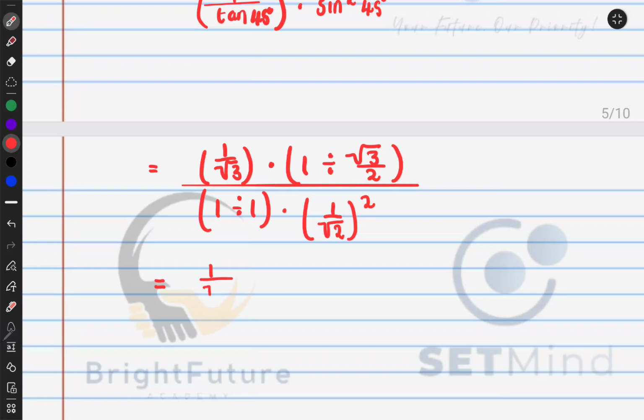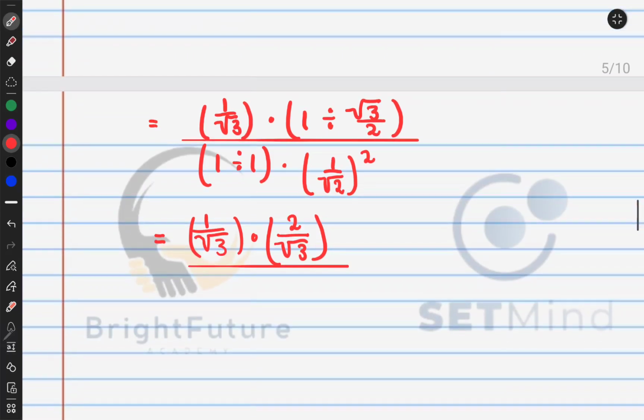Okay, now it's just simplifying the fractions. We have 1 divided by root 3 multiplied by 1 divided by root 3 over 2. This one is going to change to 2 over root 3. On the bottom, 1 divided by 1 is 1, so it's not going to make any difference. 1 divided by root 2 squared is going to be 1 over 2.